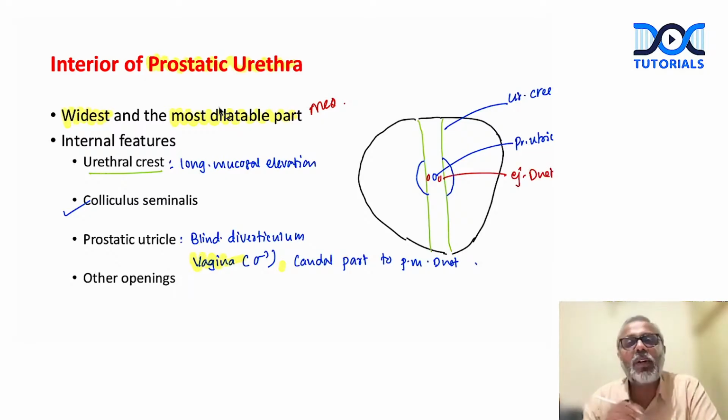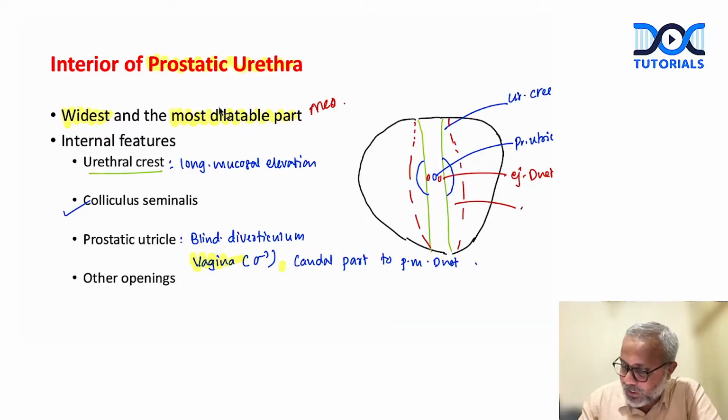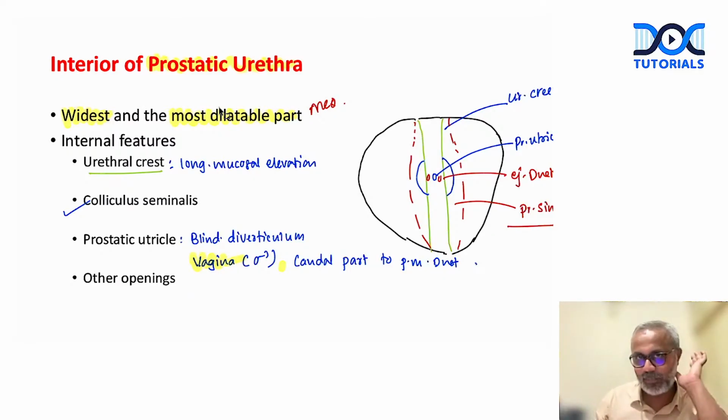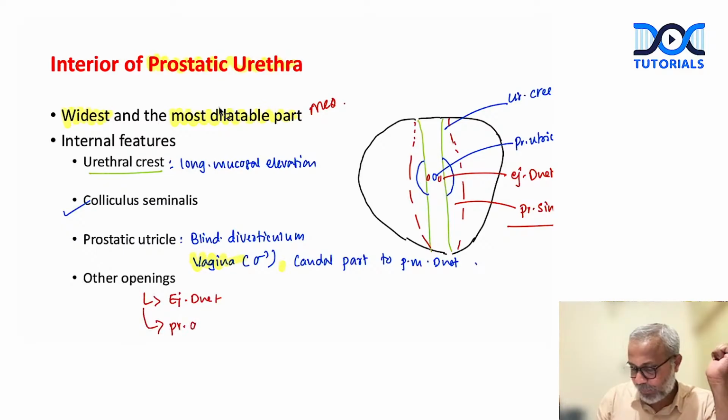We have the opening of ejaculatory ducts, and by the side of the prostatic urethra, we have the longitudinal spaces. These are called prostatic sinuses, where the prostatic glands open. Done. So the other openings we need to discuss are the ejaculatory duct and the prostatic glands.